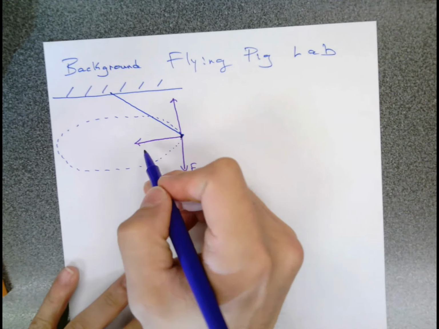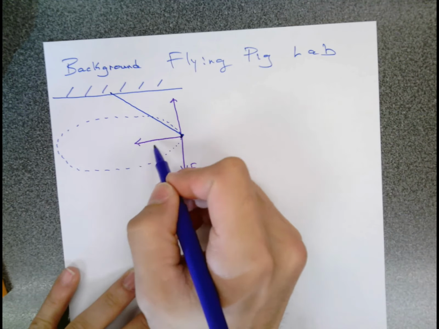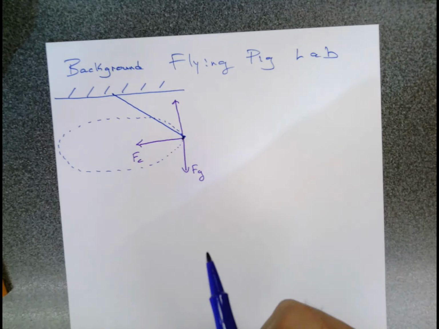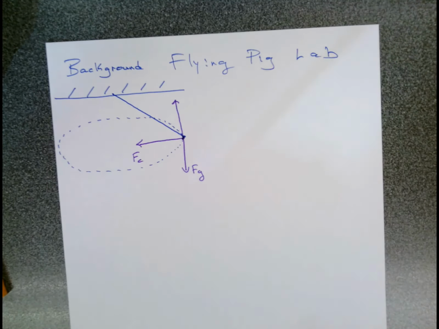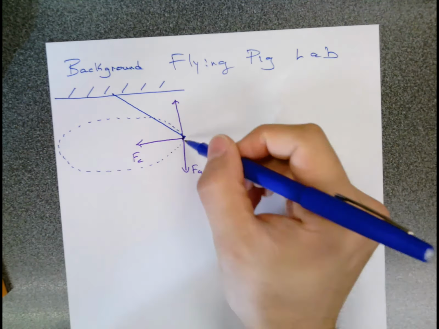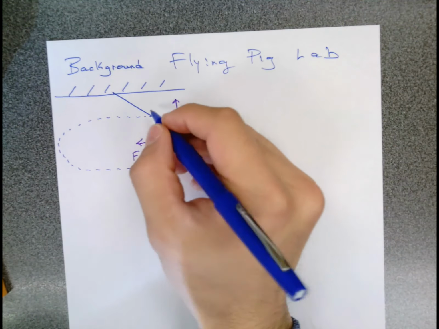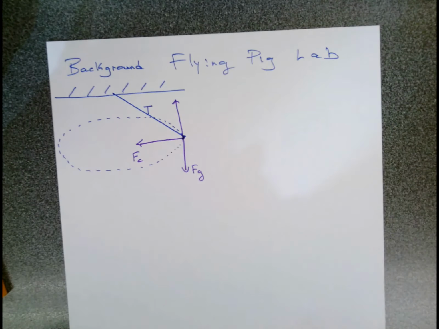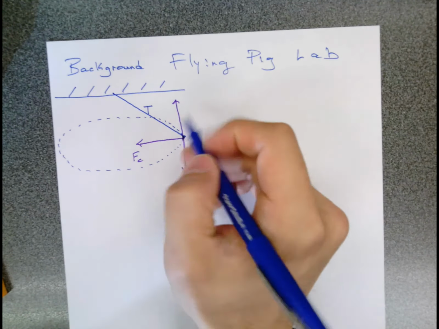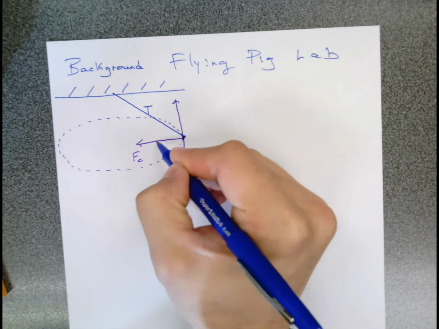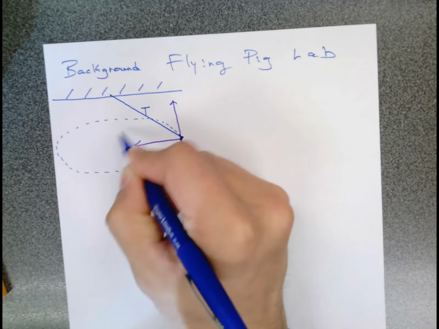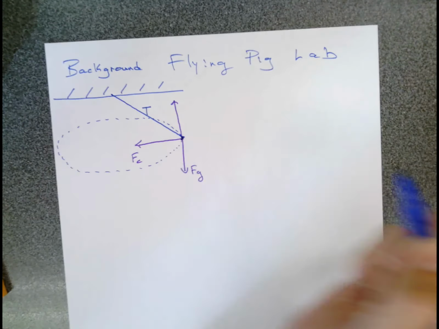This is what we will call some sort of centripetal force. The only thing holding this pig up is this force of tension, we're going to call capital T, coming from the string, and that is where the forces that balance the force of gravity and that force the pig to go in a circle come from.